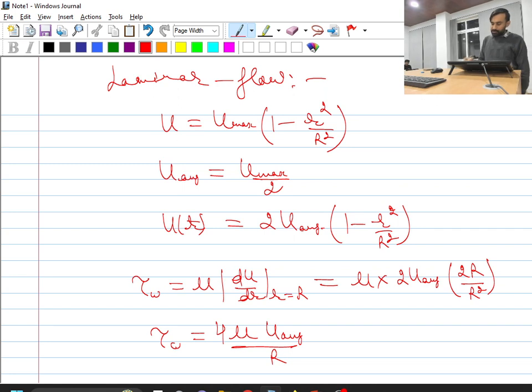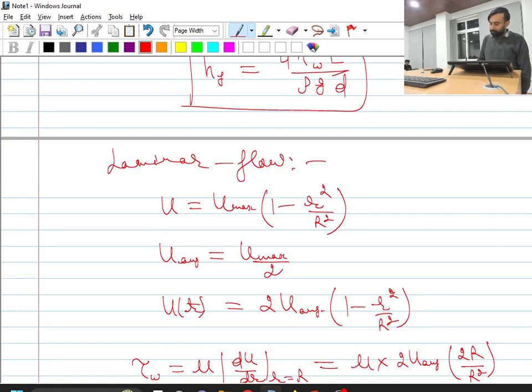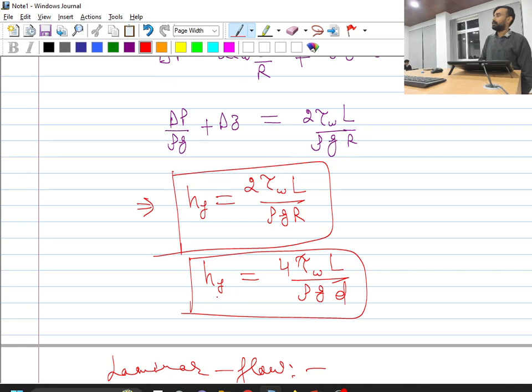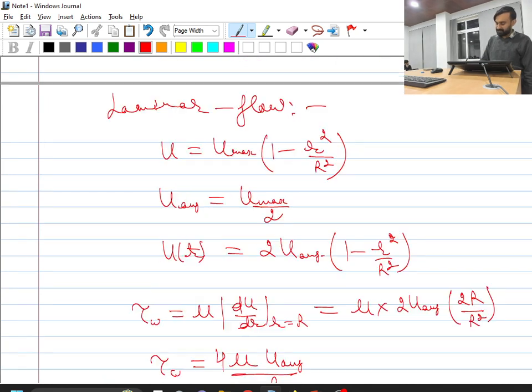So if I substitute back this value of wall shear stress into this head loss relation, what I will be getting? Please tell me.